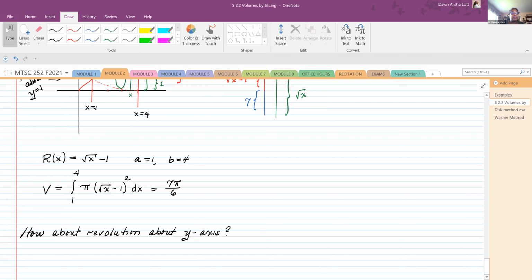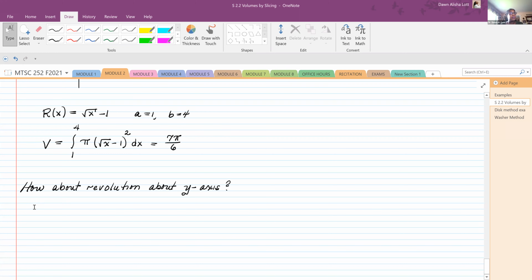Well, if I want to do a revolution about the y-axis, so now I'm going to have something that looks like this.